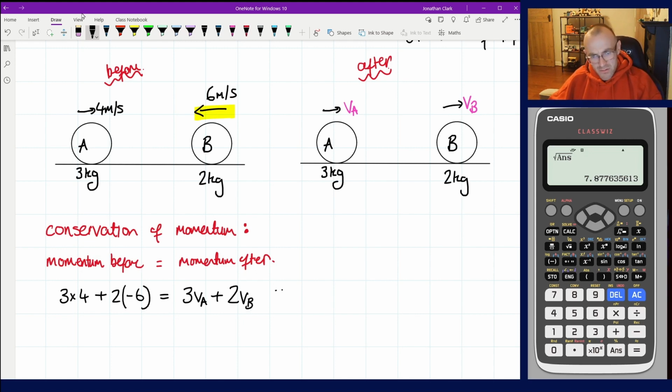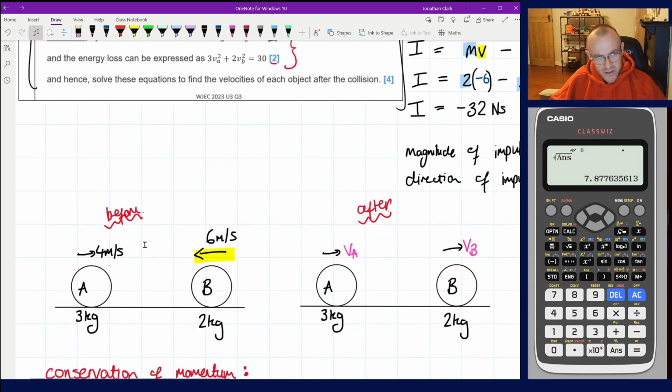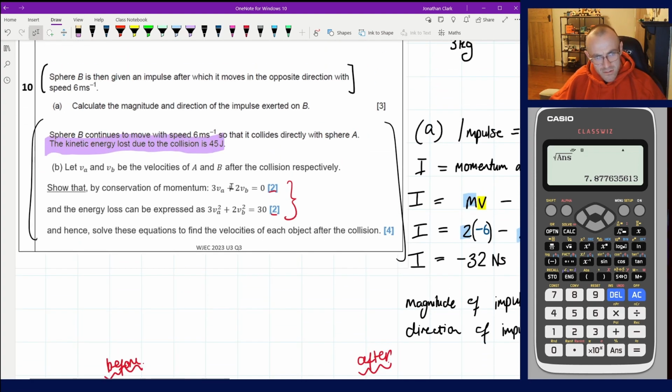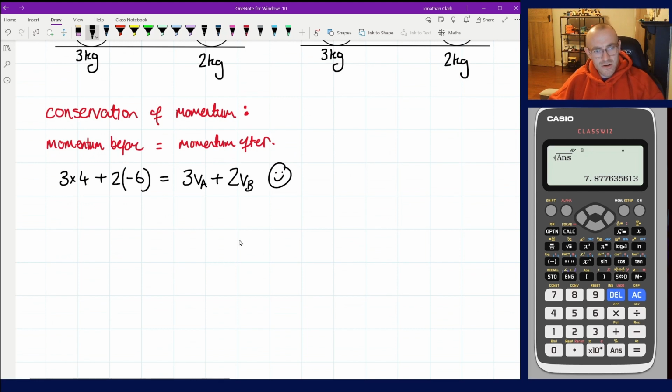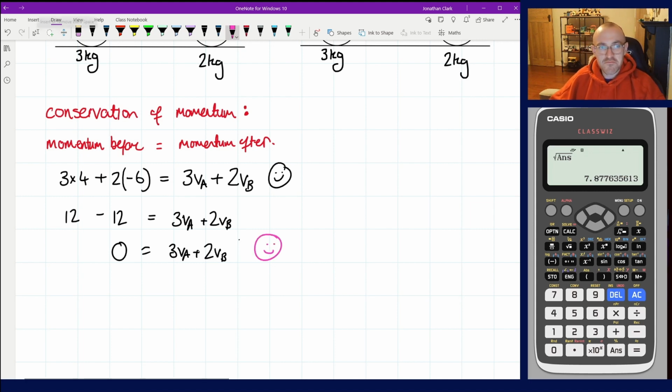So that right-hand side looks good actually, because that is what I needed. So if I just work up this side, it does indeed give me the formula straight away. So that's kind of good. That's one of the formulas in the bag. Another smiley face.